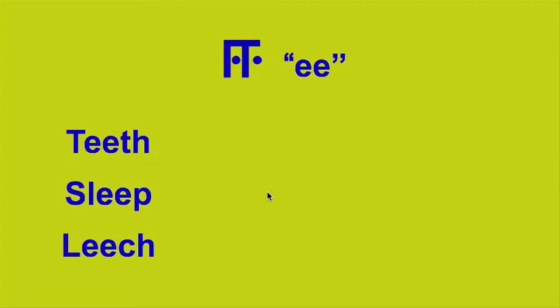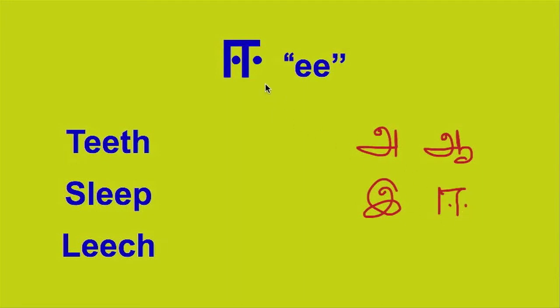Another vowel is long E. We've learned the short E, and now we're learning the long form of E. And the sound this makes is like the double E sound in teeth, sleep, leech.